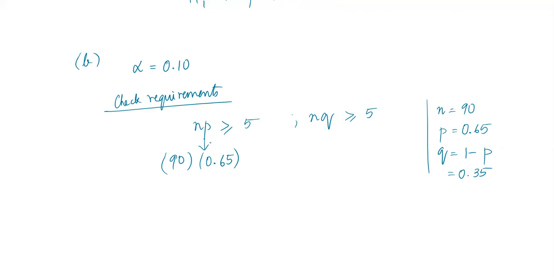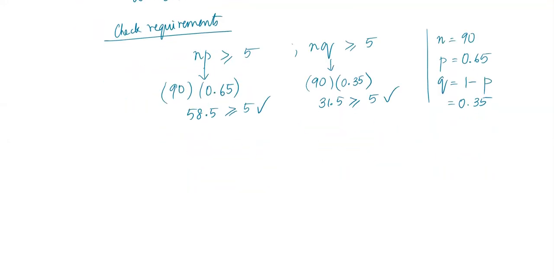That's 58.5. This is greater than or equal to 5, so we're good there. Then do 90 times, for the Q, it's 0.35. And 90 times 0.35 comes out to be 31.5, which is also greater than 5. And so the requirements are satisfied, which means you could use the test statistic.